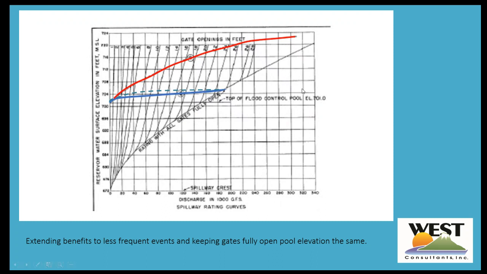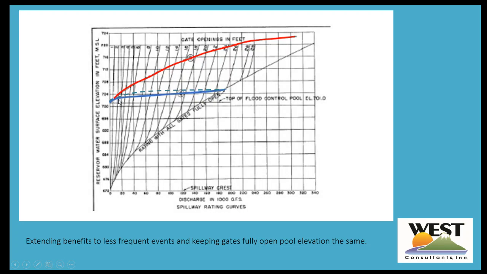I also wanted to show what would happen if you were to alter the induced surcharge curves and how that may affect real-time operations. If you recall, this curve has this shape or this steeper slope to try to provide additional benefits at the more frequent events. And remember, when we're talking about more frequent events, we're talking about lower pool elevations.